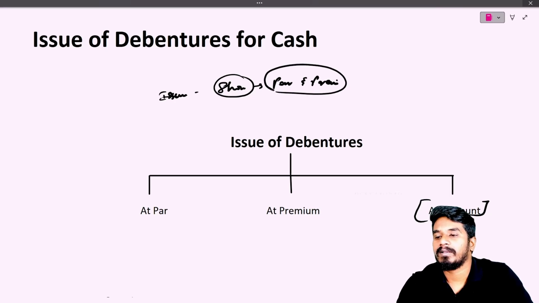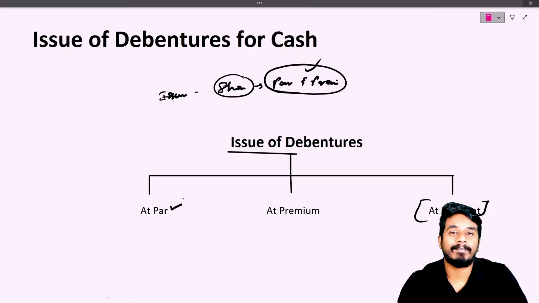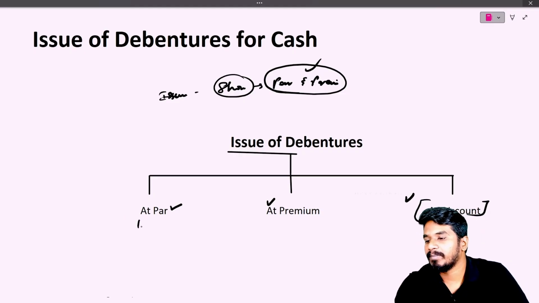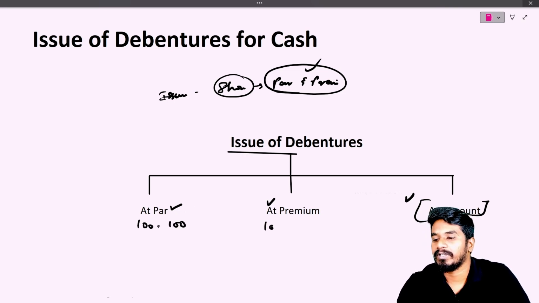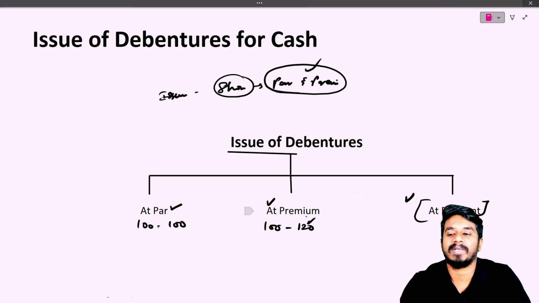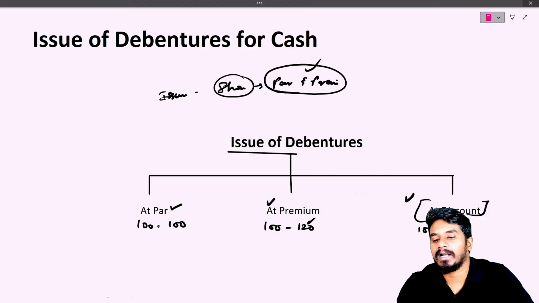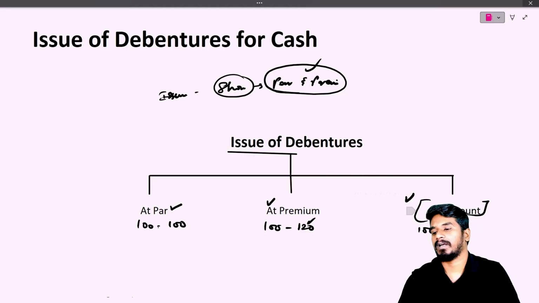Discount comes only when the company is reissuing shares. But at the time of issue of debentures, the company can issue at par, premium, and also at discount. Par means if the face value is 100, the company will issue at 100 rupees only. If the company issues at 120, this is called premium. And if the company issues at 90 rupees, this is called discount.